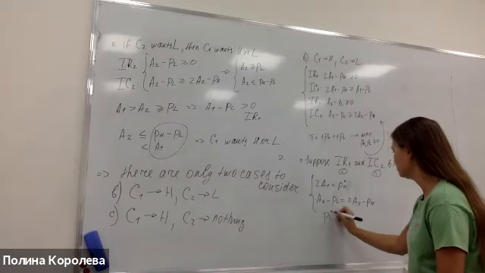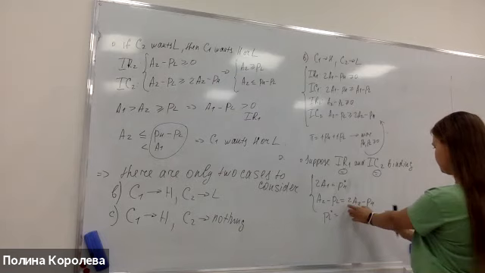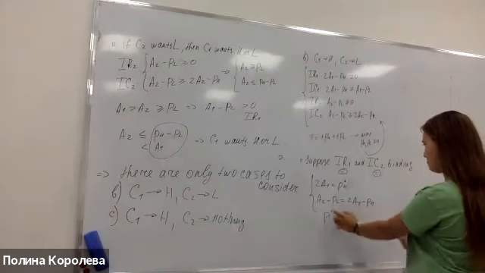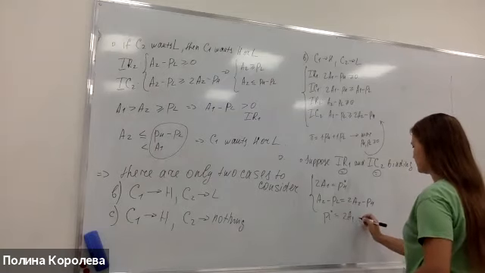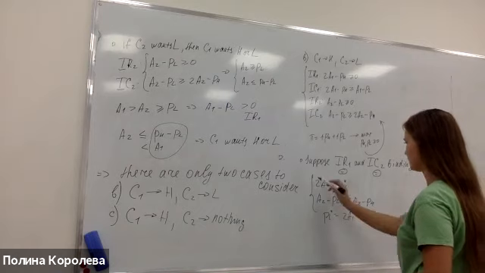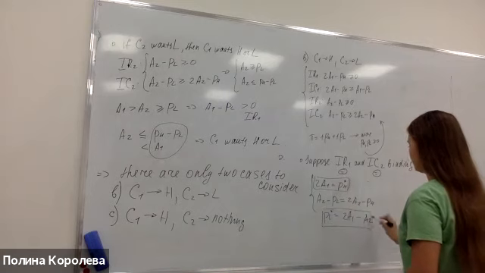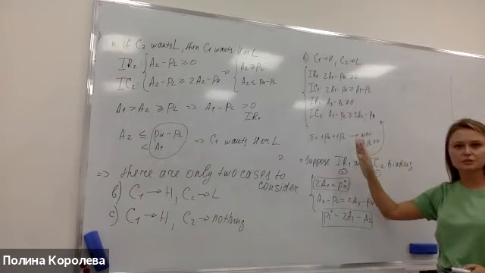Price of low star will be 2A1 minus A2. So these are our optimal prices. But we should check other constraints.